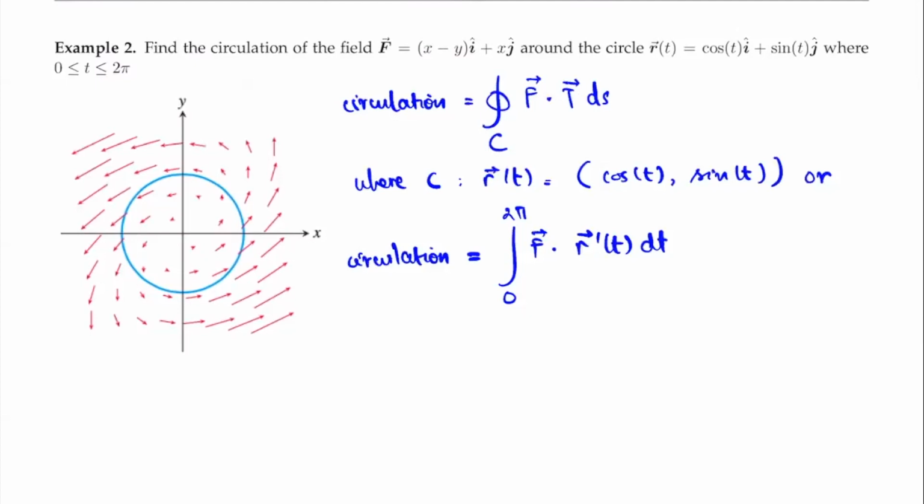So now our task is to write everything in terms of the parameter t. And so you have r of t and r prime of t, where r prime of t is equal to negative sine of t, cosine of t.